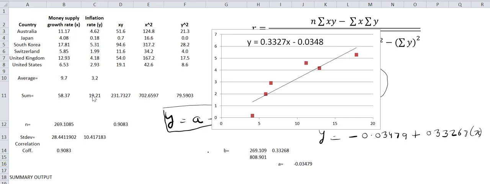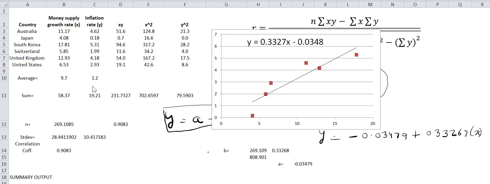So far we learned how to calculate R, which is the correlation coefficient, A, which is the intercept coefficient, and B, which is the slope coefficient. In my next video I will show whether we have any way to judge whether these values are significant or not.